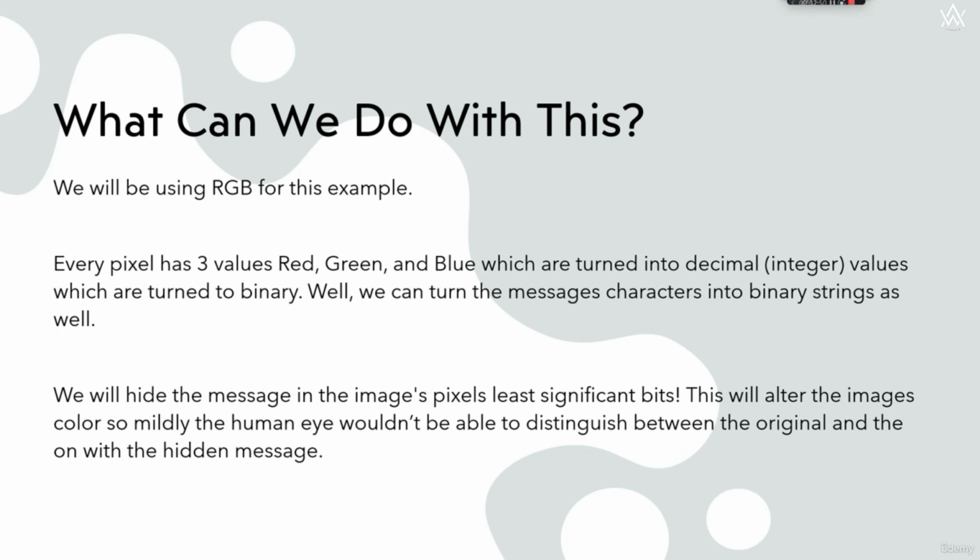We're literally changing the colors in a way that will encode the message. So we're literally encoding a message into colors, which I think is really cool. Like I said, this will alter the image's color so mildly that the human eye wouldn't be able to distinguish between the original and the one with the hidden message.